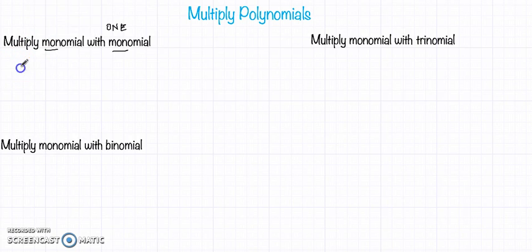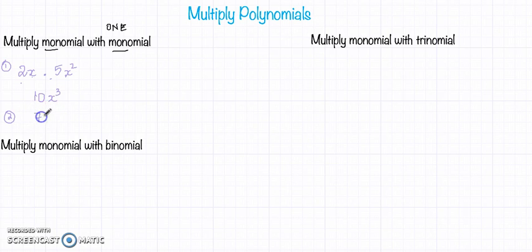You're multiplying like 2x with 5x squared. This one has one term and this also has only one term. So all you have to do is multiply. 2 times 5 is 10, x and x squared is x cubed. That's all. First example.